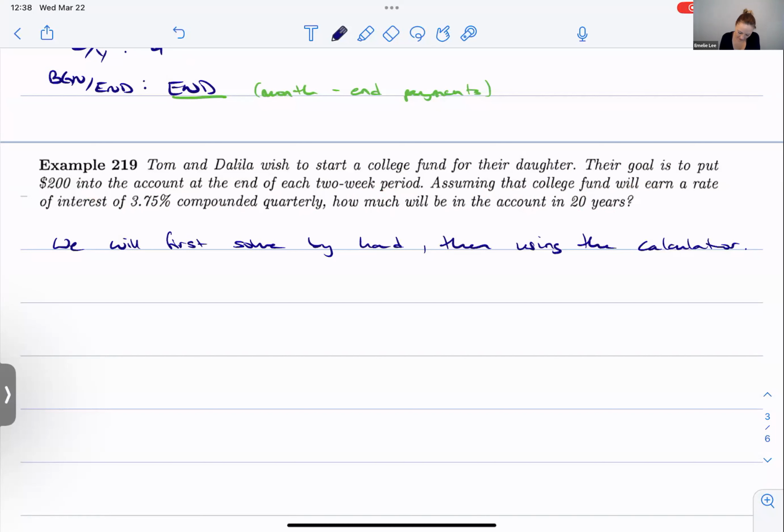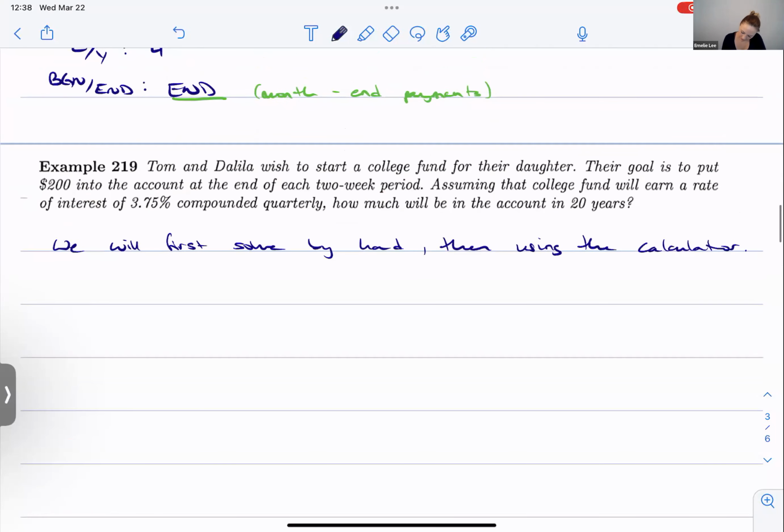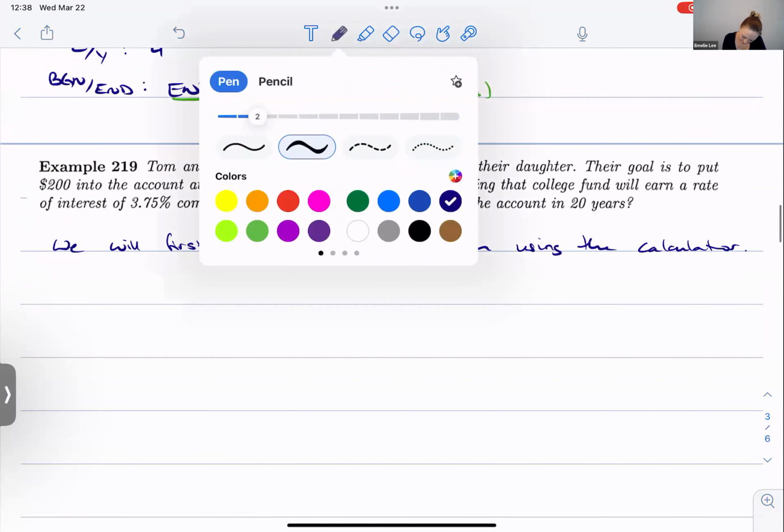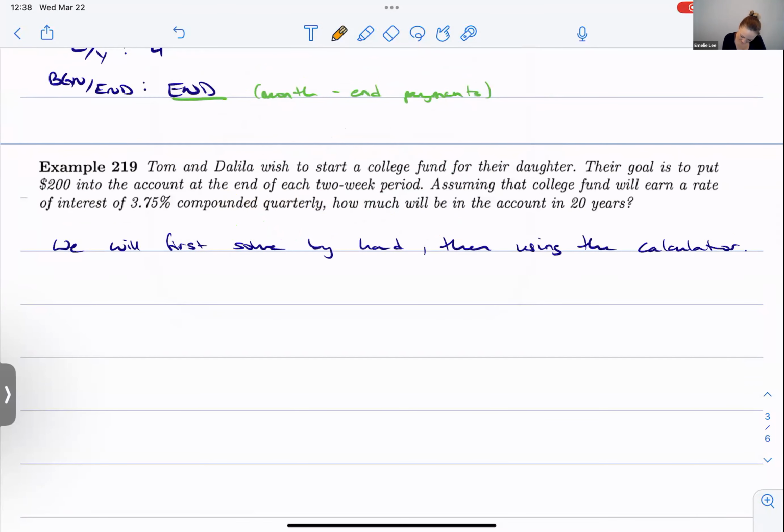So let's see here. We've got some information, and how about we highlight: the goal is to put $200, so the PMT is $200 at the end of each 2-week period.